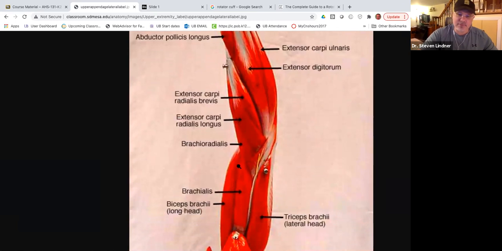It too is an elbow flexor, the brachioradialis, but it flexes the elbow in the neutral position, right? This is flexing in the supinated position. This is flexing in the neutral position, like your hand shaking, and this is flexing in the pronated position. So the biceps brachii is the strongest flexor in the supinated position.